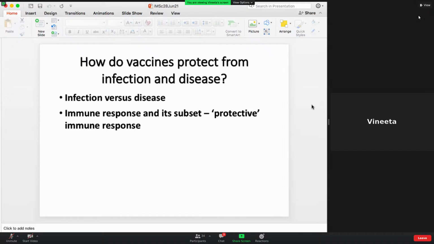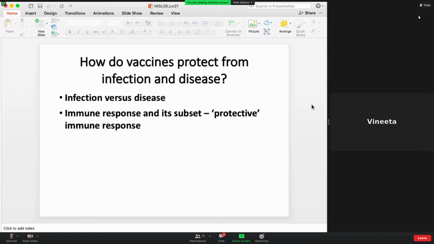But this doesn't necessarily mean that when infection occurs, we feel sick. When we feel sick, that's the condition that we call disease. I know disease is spelled with an I, but it is dis-ease. When you are not comfortable, you are complaining because of infection, that's the infectious disease state that we talk about.